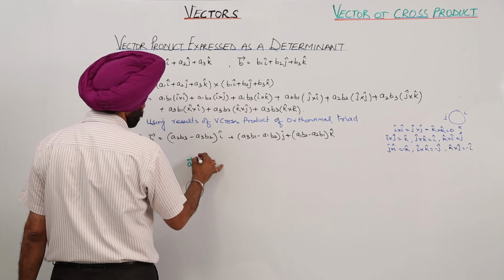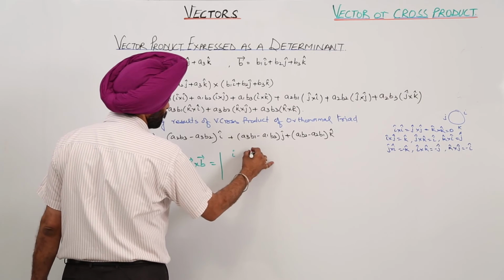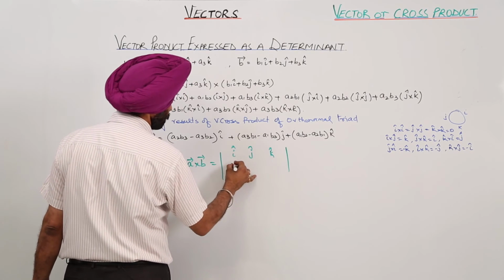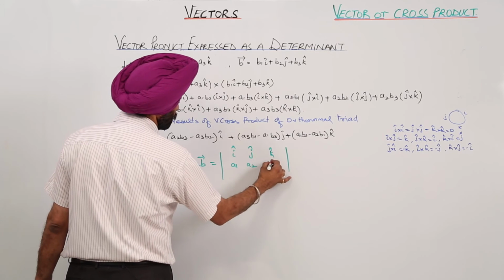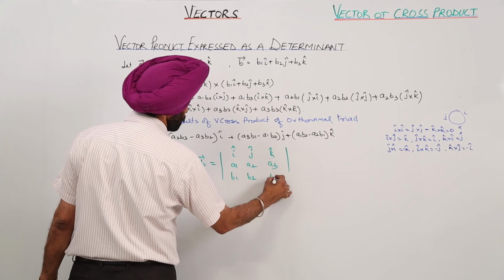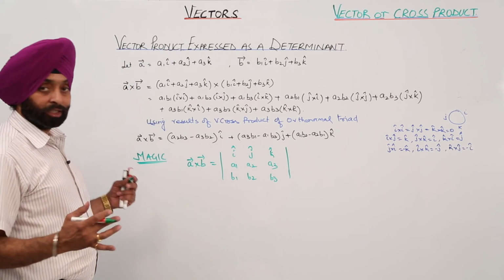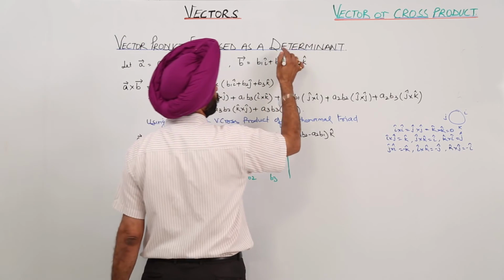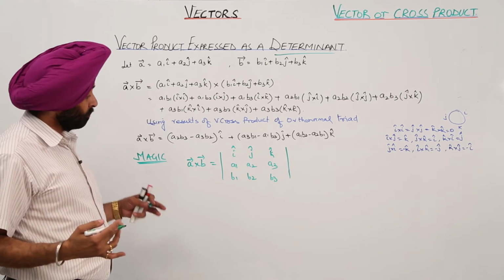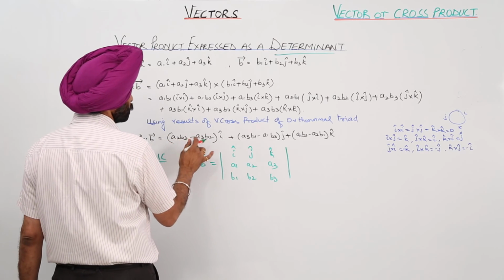For A cross B, if I write like this: i cap, j cap, k cap, then a1, a2, a3, then b1, b2, b3. Now I have written the determinant form. This is the determinant form, and now I have to solve it. What will the result be? The result will be exactly this one.